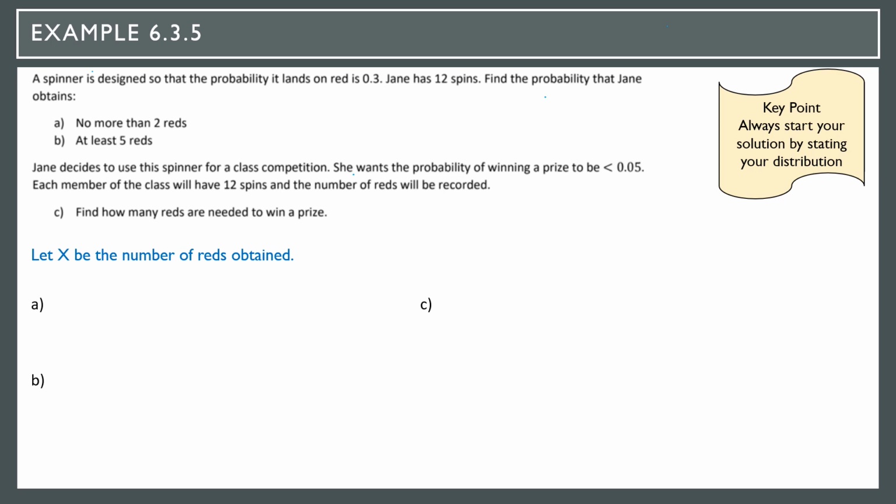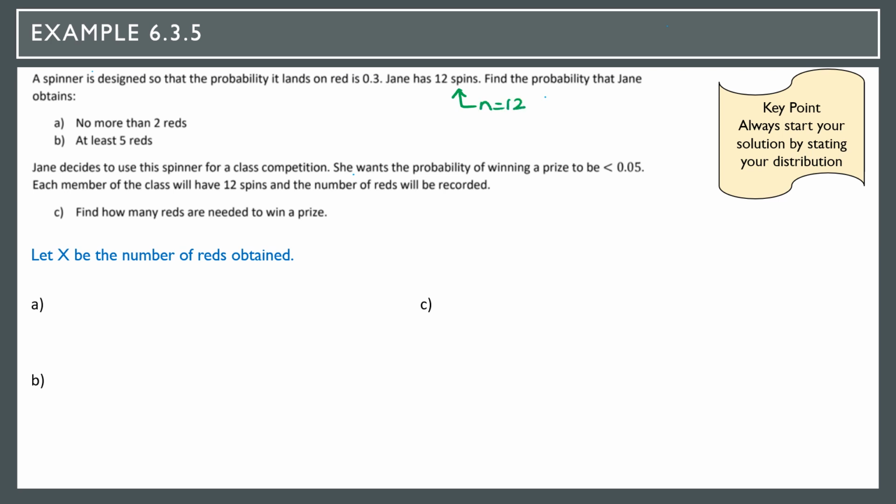We can double check this by running through the 4 conditions, or our acronym that we've introduced this lesson, BINS. So firstly, the number of trials is fixed. Here we are told that Jane has 12 spins, so n is equal to 12.